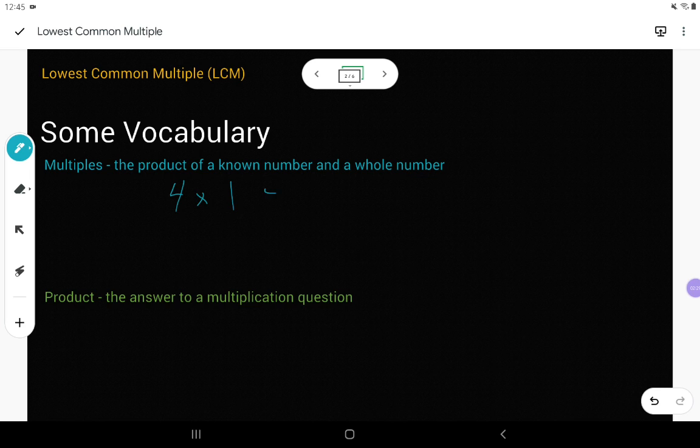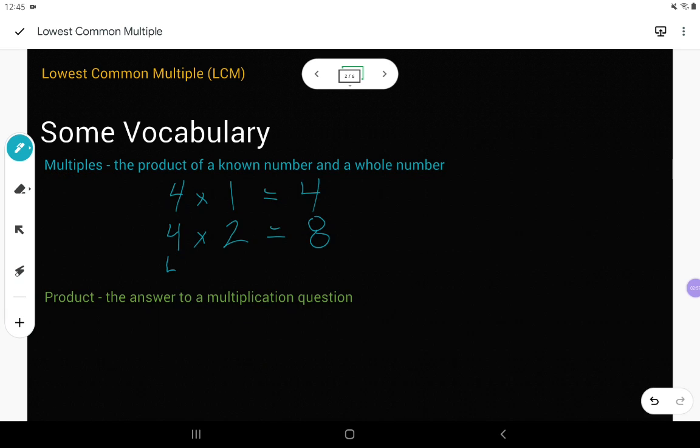And when I go 4 times 1, we get 4. So 4 is a multiple of 4. That makes sense. Any number is a multiple of itself. But I could do it again, and instead of multiplying by 1, I could multiply by 2. And if I go 4 times 2, I now get that 8 is a multiple of 4.